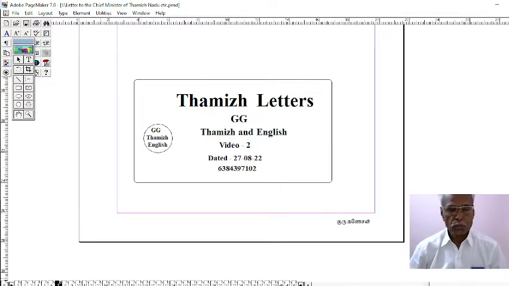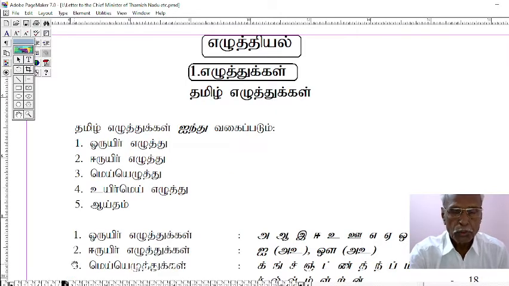Dear teachers and students, in Tamil, 247 letters are used.